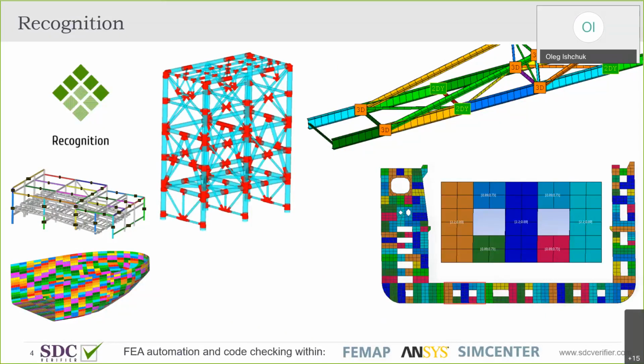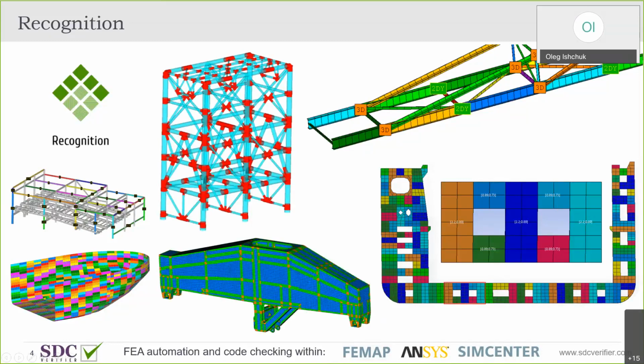Then we have the recognition of sections and plates, and from now on we are also capable of recognizing the stiffeners to perform the plate buckling check and the stiffener buckling check, and we can also recognize the welds. We are able to reorient the stresses and forces into the weld direction or perpendicular to the weld.